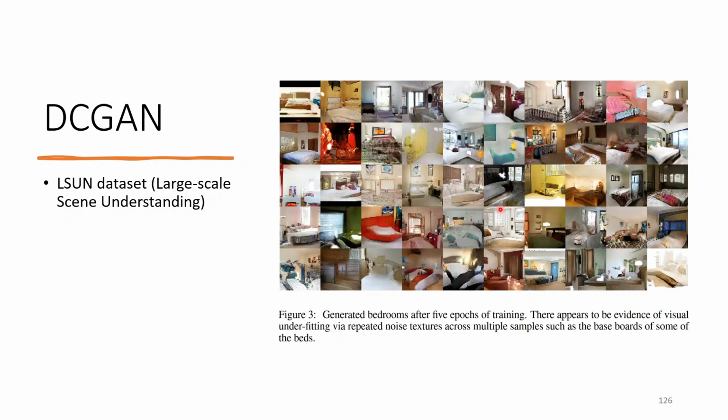There is no condition. They use the LSUN dataset, large scale scene understanding, and there is a subset for bedroom. They train their models using the bedroom, and they generate images that look like real images of bedrooms. But however, there is no condition. You cannot control anything on the network.